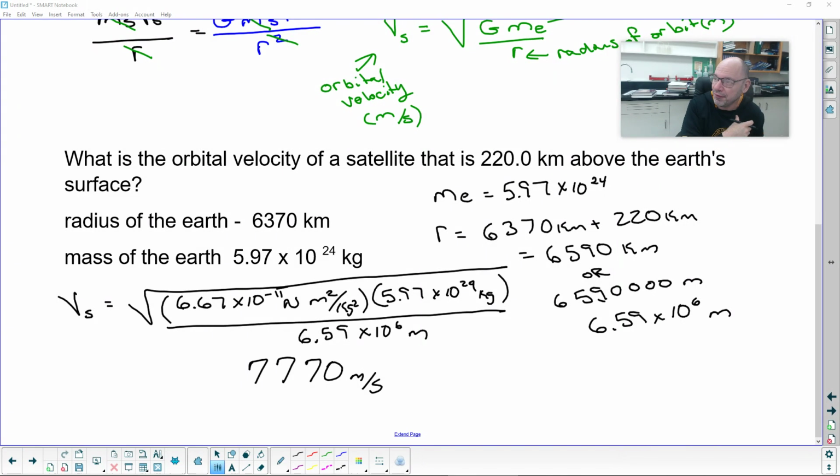You know there's 3,600 seconds in an hour, and then there's 1,000 meters per kilometer, so you multiply by 3.6 to figure it out. If you take 7,770 times 3.6, you get about 28,000 kilometers an hour for that orbit.